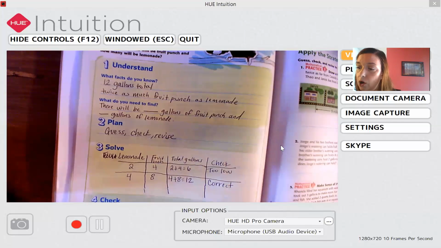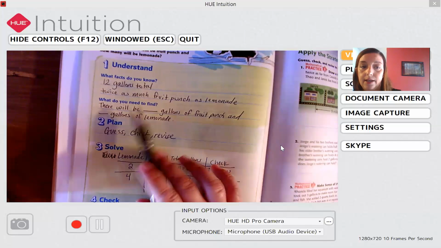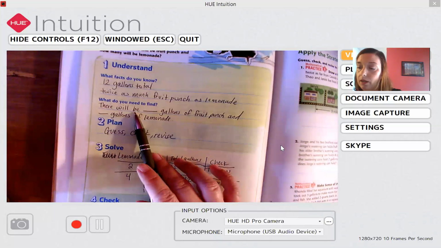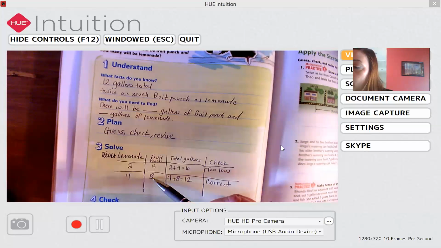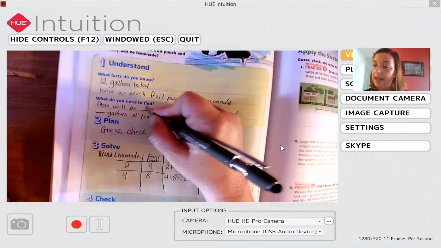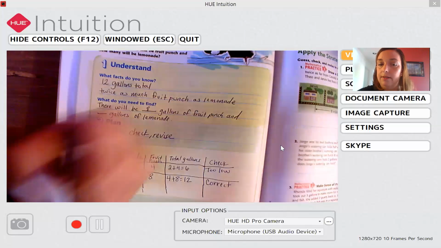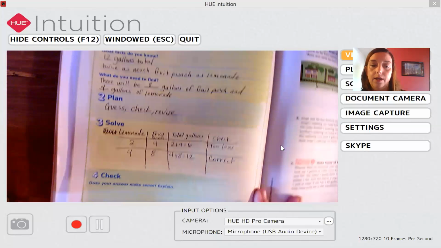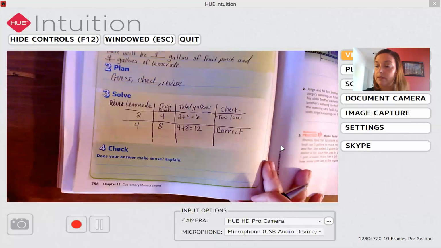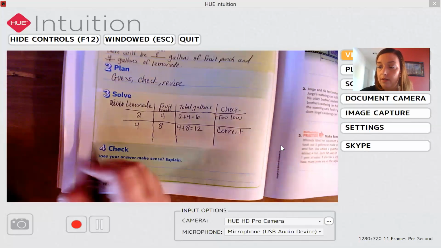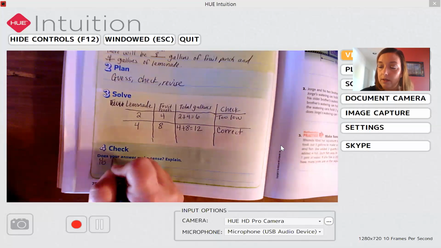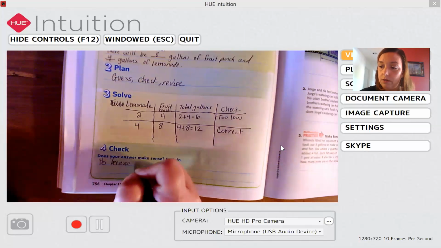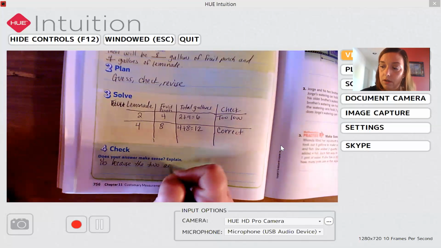So I'm going to go back up to my sentence. There will be 8 gallons of fruit punch and 4 gallons of lemonade. And I'm going to check, does my answer make sense? Yes, because the 2 amounts add up to 12.